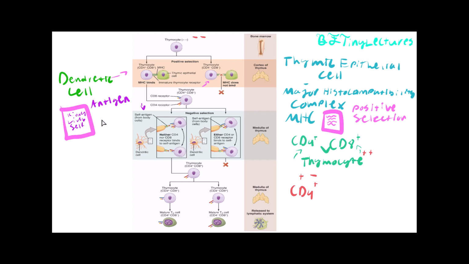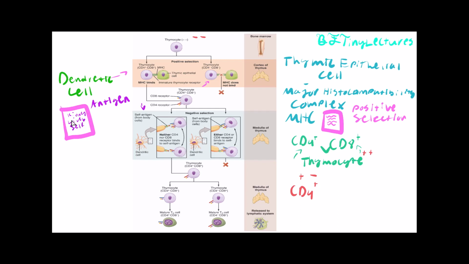These antigens are healthy. So if the thymocyte says, okay, I can read this piece of paper, I want to attack the kidney, I want to attack the liver, and I want to attack self. I'm going to attack it, I'm going to use my CD4, I'm going to use my CD8. Well, you failed. Because look, the dendritic cell is trying to say, hey, you better not attack the person's body because there's nothing wrong with these cells.